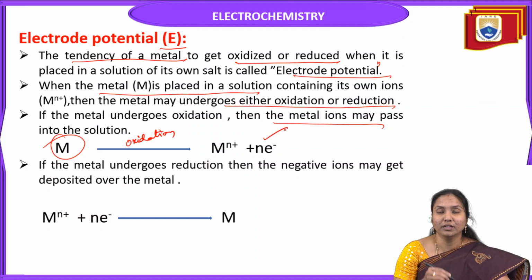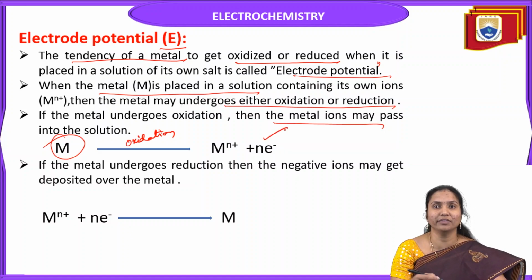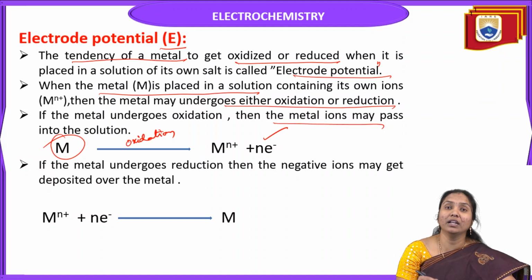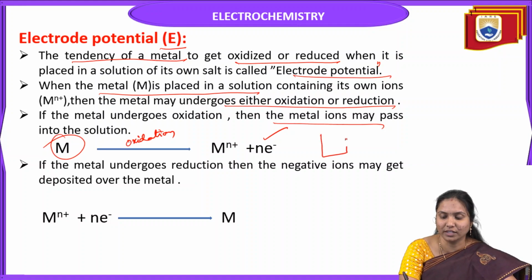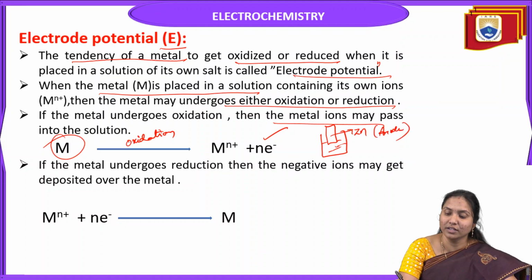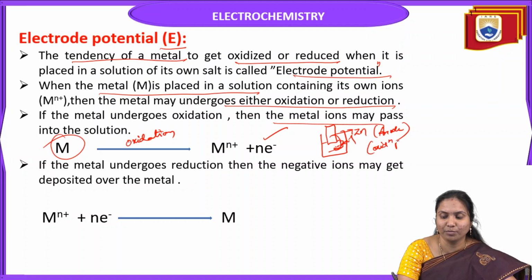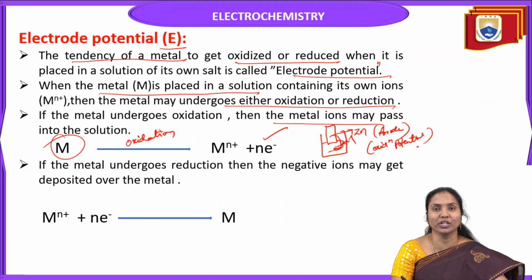For example, a zinc electrode dipped in zinc sulfate solution acts as anode. When it undergoes oxidation, the zinc metal ions pass into the solution. In this case it develops oxidation potential.